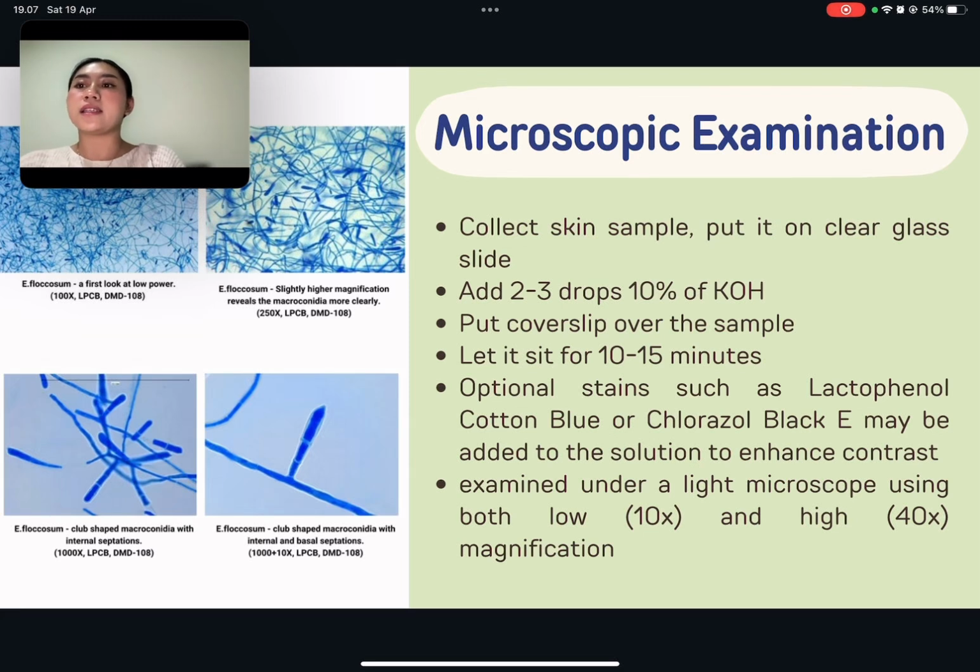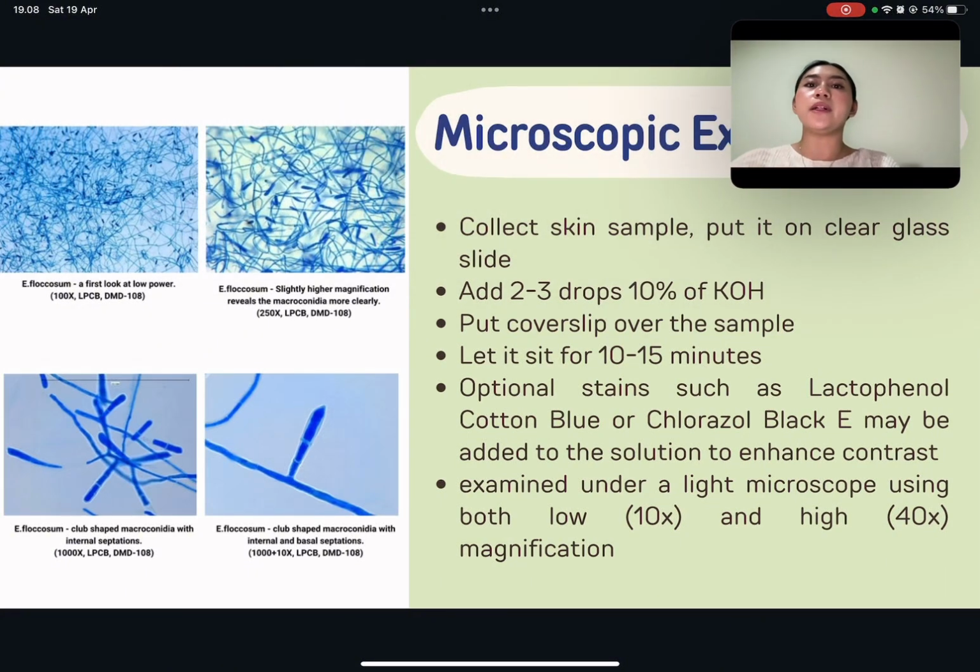Put it on a clear glass slide, add 2 to 3 drops of 10% potassium hydroxide, put a cover slip over the sample, and let it sit for 10 to 15 minutes. Optional stains such as lactophenol cotton blue or chlorazole black ink may be added to the solution to enhance the contrast. Examine under a light microscope using both low, 10 times, and high, 40 times, magnification.